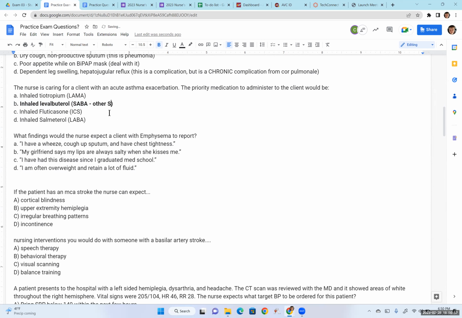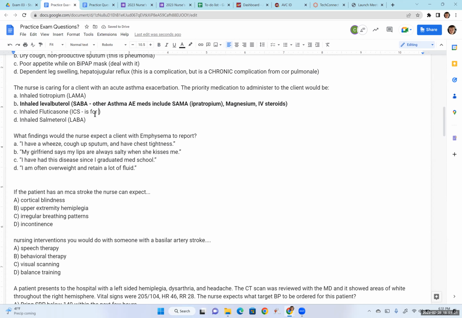Or you could say other things we could do for asthma exacerbation include what? You could do a SAMA, such as ipratropium, right? And what else do you give? You give magnesium and IV steroids, right? Or I can put that down here. ICS is for controlling or preventing.